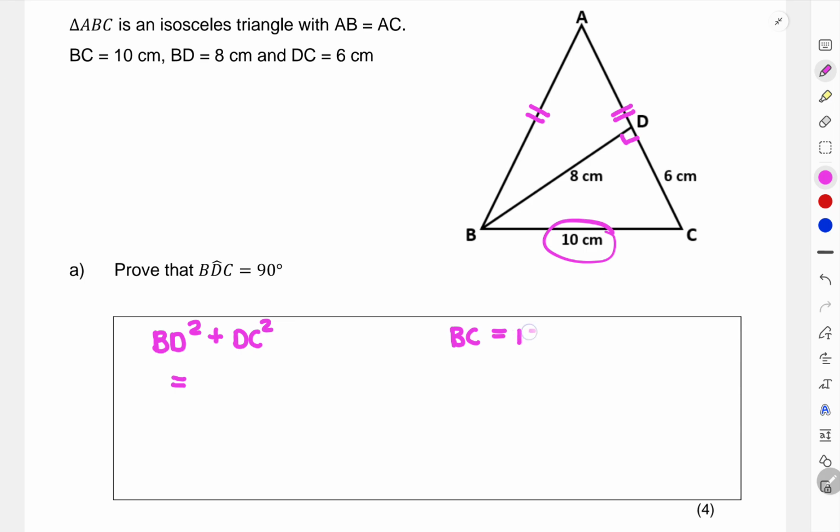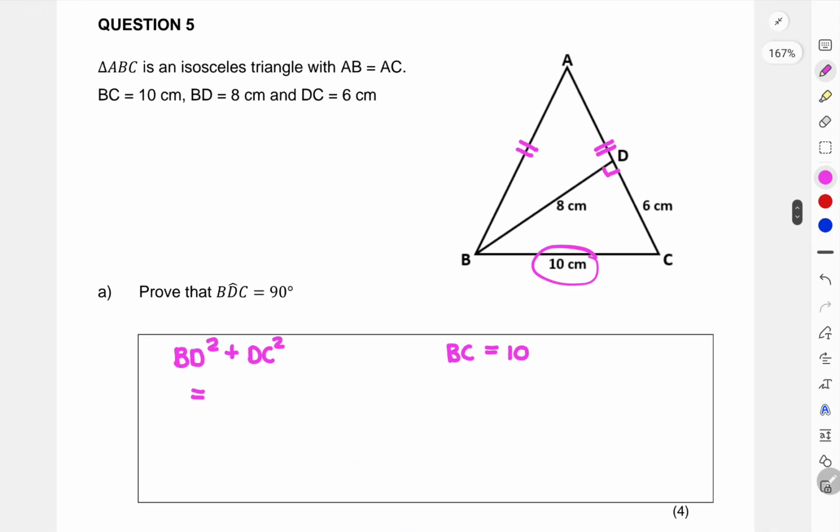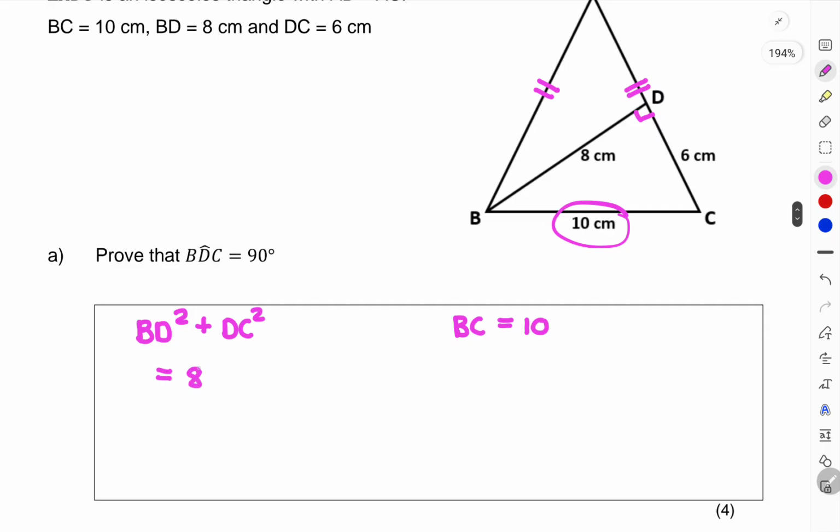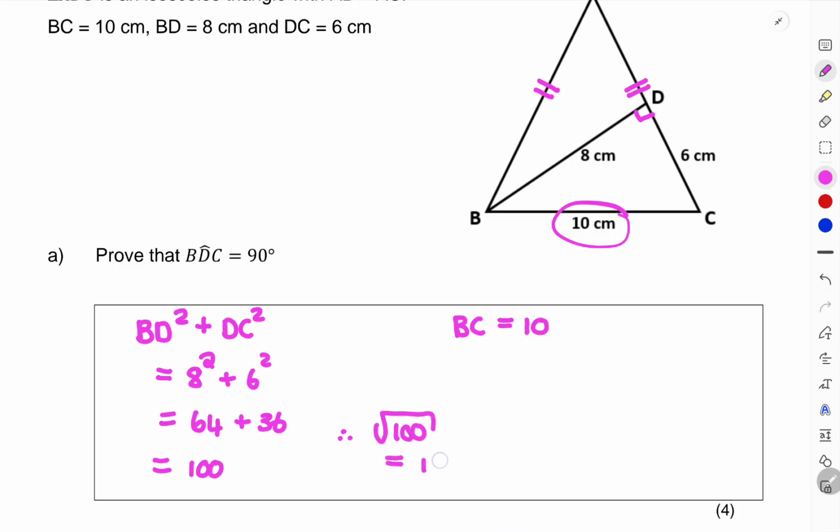So if I can get that, left hand is equal to right hand, then I know that it is a 90 degree. Okay, so if you prove that it's 90 degree, think of Pythagoras. If you've got a 90 degree triangle, think of using also Pythagoras. So BD squared plus DC squared is 8 squared plus 6 squared, which is equal to 64 plus 36, which is equal to 100. Thus, if I square root 100, it gives me 10.